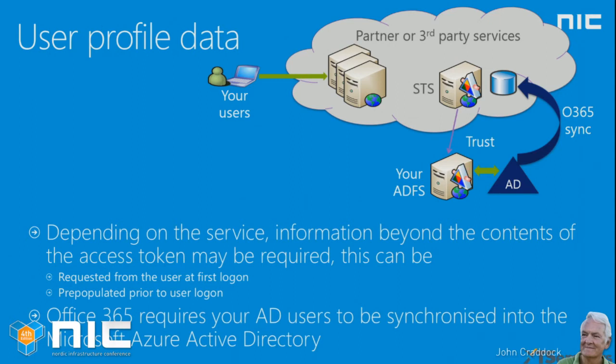So what you could have is purely Office 365 users in the, well, it's the Azure Active Directory in the cloud. And they've actually been created in that directory. Or what you can do is you can create your users down here and you can synchronize them to the directory. Now, you've got a couple of choices there.